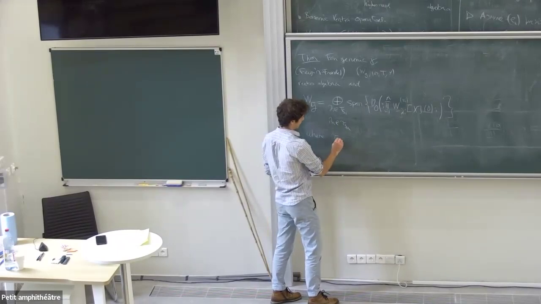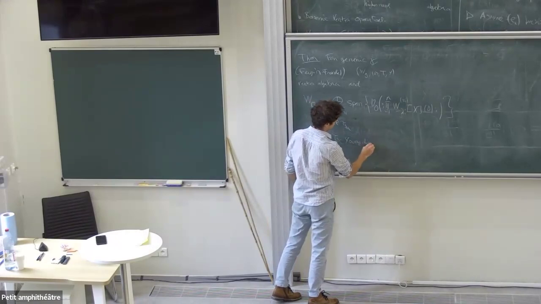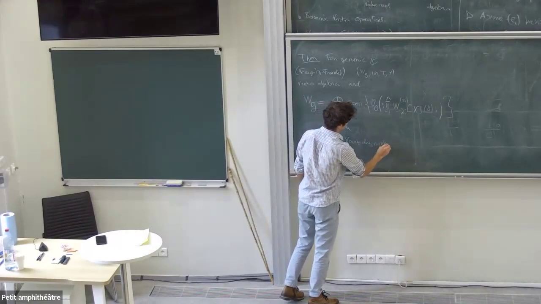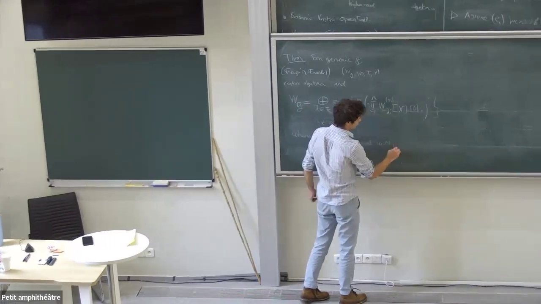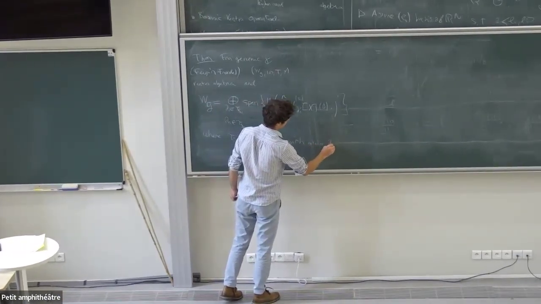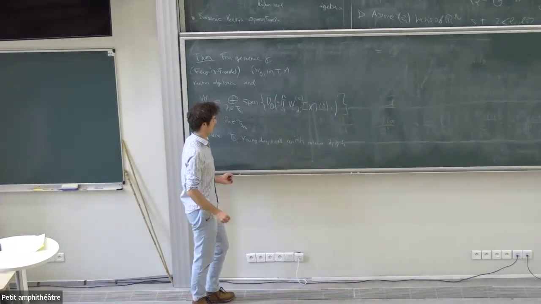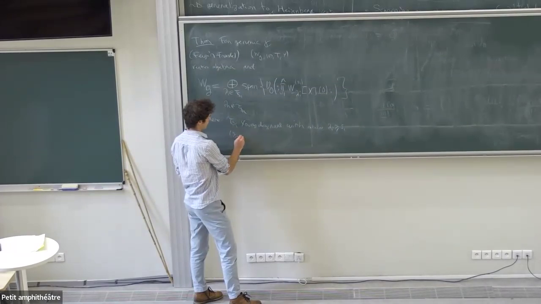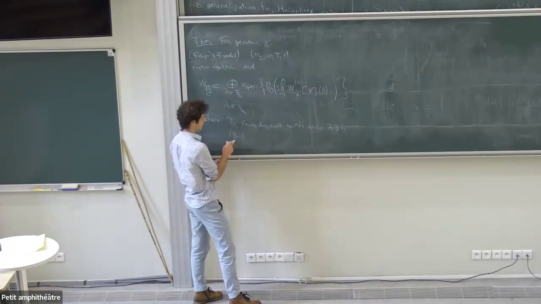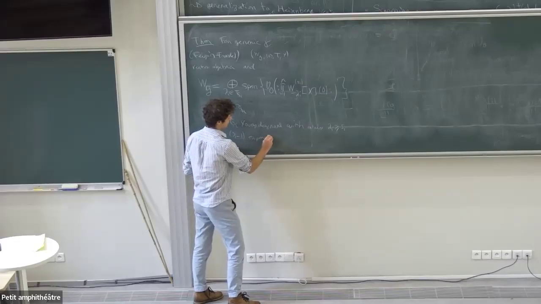So these are Young diagrams with entries bigger than s_i. These s_i, rather s_i minus 1, are called exponents of the Lie algebra.